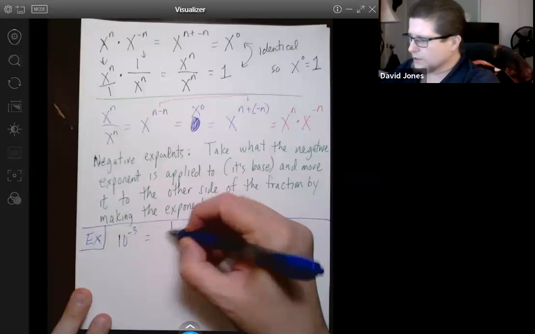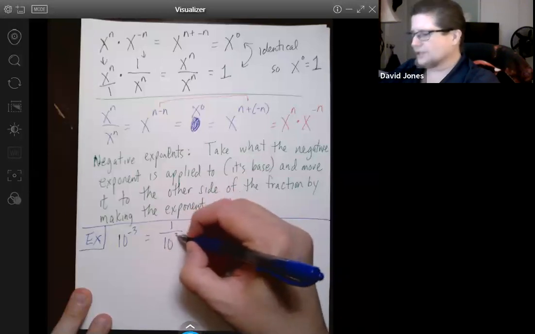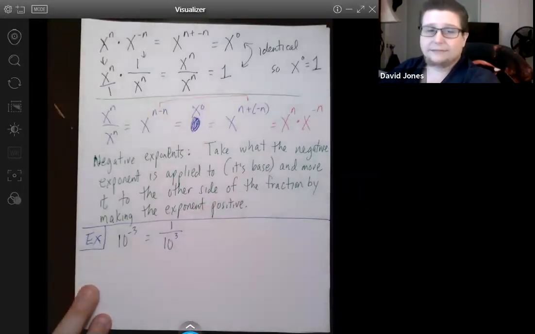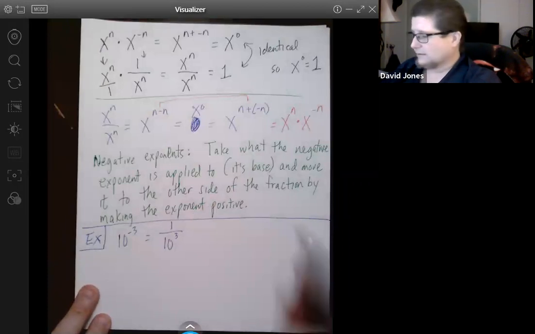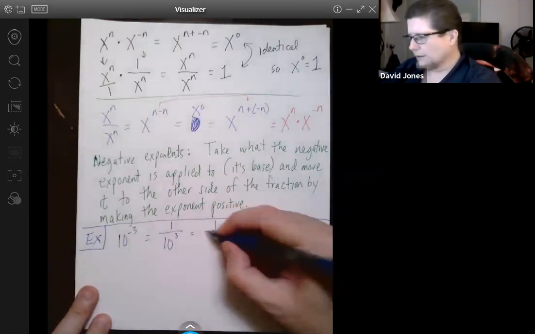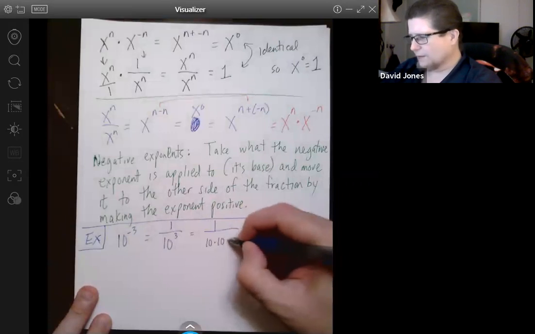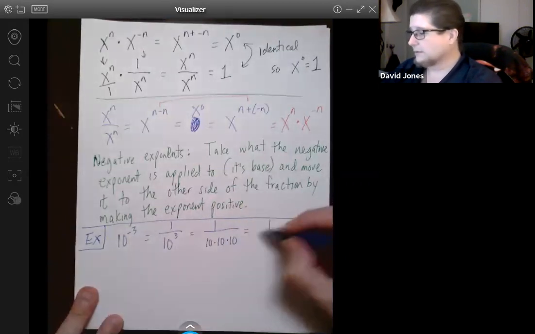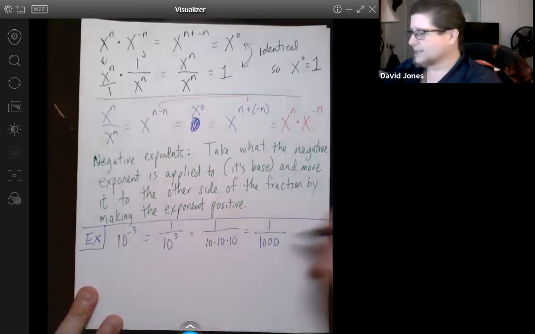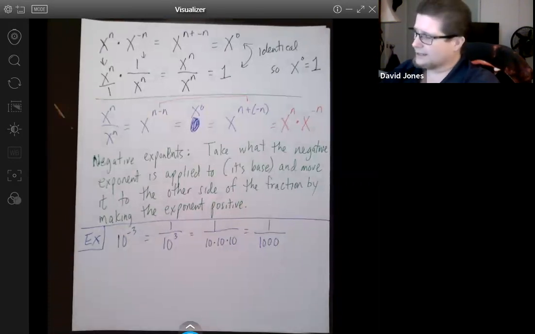So what we do is we move it to the other side of the fraction and make the exponent positive. And then recall, exponents just tell you how many times to multiply the base together. The base here was 10, so 10 times 10 times 10 is 1,000.